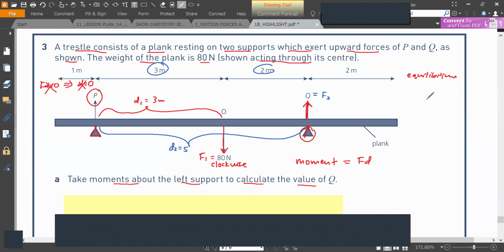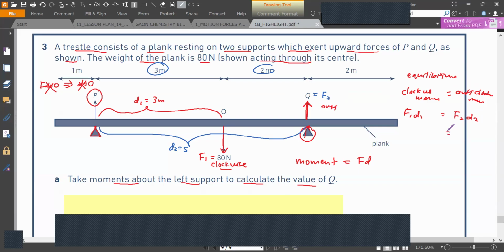So when we have equilibrium, it means the clockwise moment will be equal to the anti-clockwise moment. So this one is the anti-clockwise moment, and this one is the clockwise moment. So we're going to have F1 D1 equal to F2 D2.